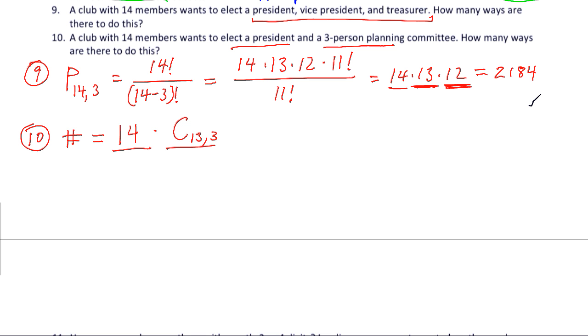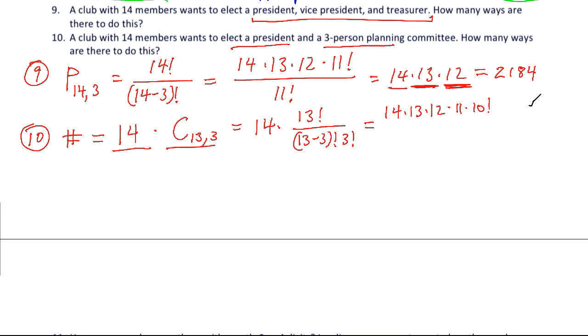Let's go ahead and calculate this out. 14 times 13 factorial all over (13 minus 3) factorial. And this is a combination, so it does have the extra thing in the denominator, which is 3 factorial. And this is, let's see, 14 times 13 times 12.